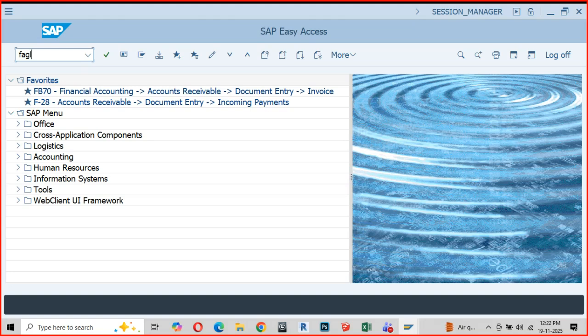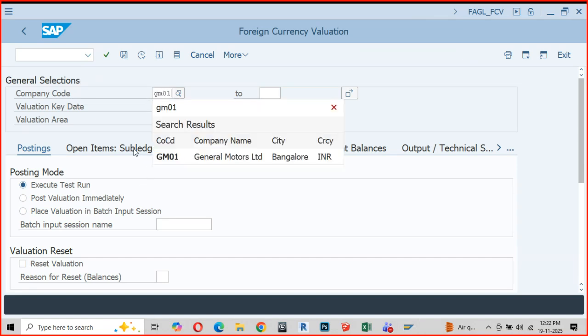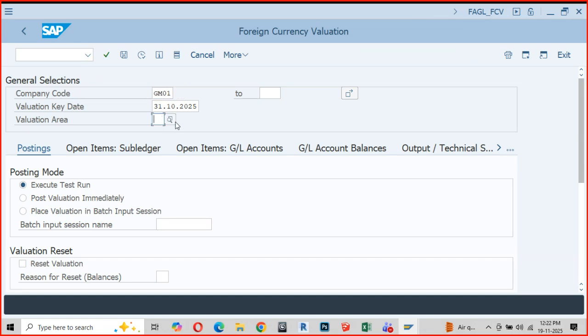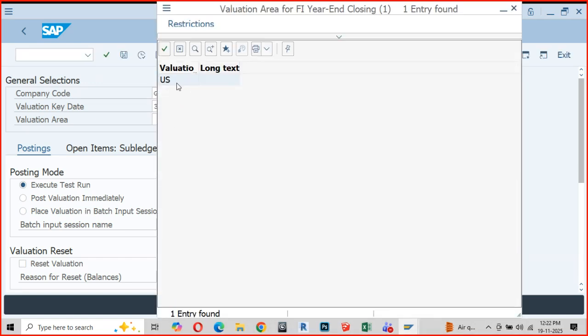FAGL_FCV. This is your foreign currency evaluation program. Now, what happens in this? See, you can see you have the individual subledgers, your customers and vendors, company code. I just show you the screen because I don't have the requisite settings.